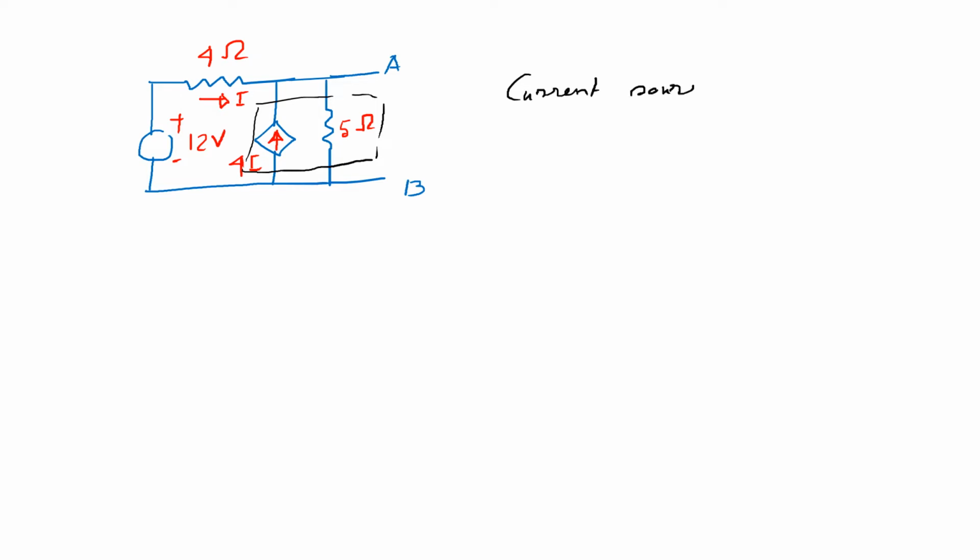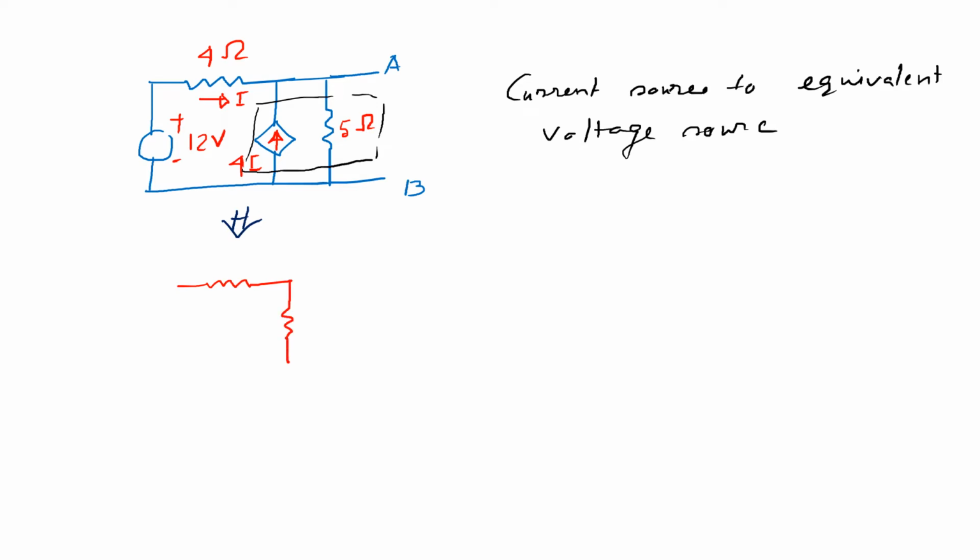Current source to equivalent voltage source. So after conversion, the circuit will look like that. And this is the standard formula or standard method you have to apply for current source to voltage source conversion.